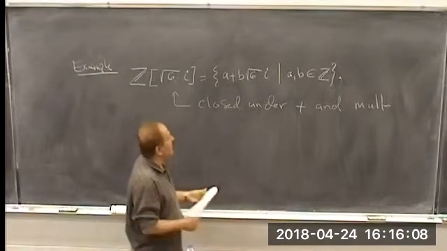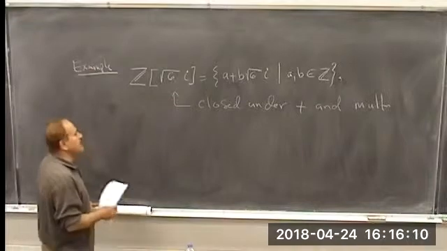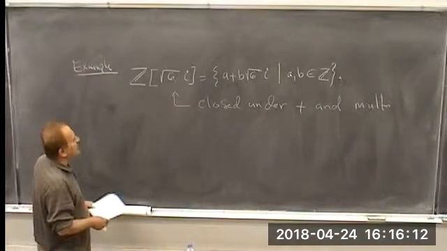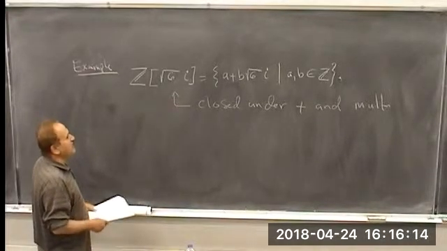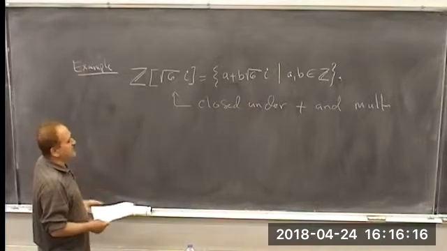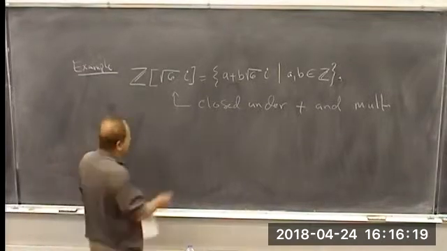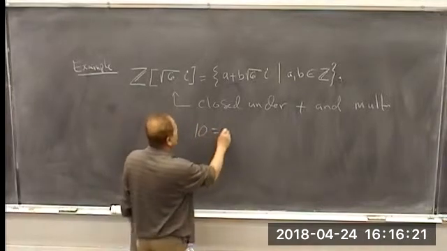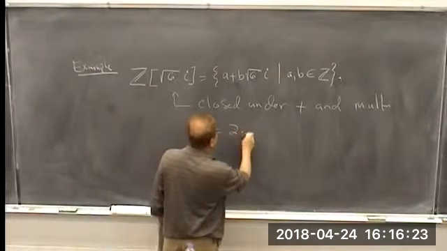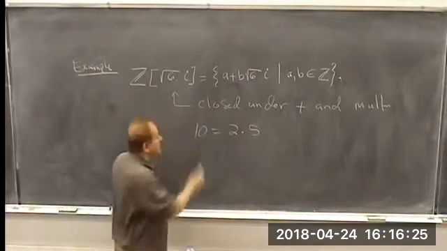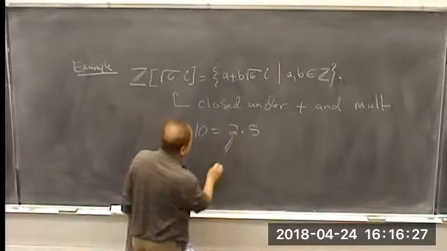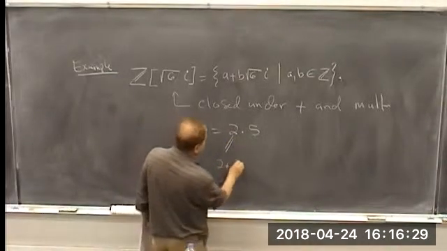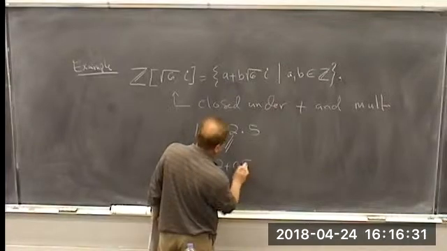And then you need to define what we mean by primes, in the same way. If you take 10, you could write it as 2 times 5, and 2 and 5 can be written in this form, because 2 is equal to 2 plus 0 square root of 6i.